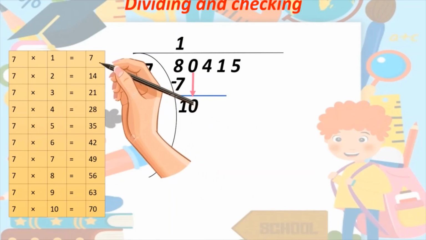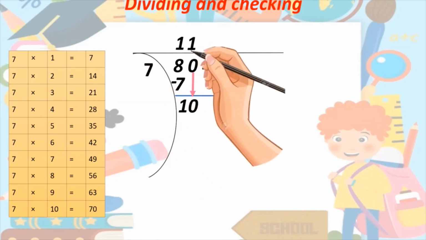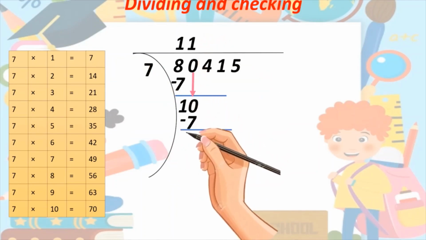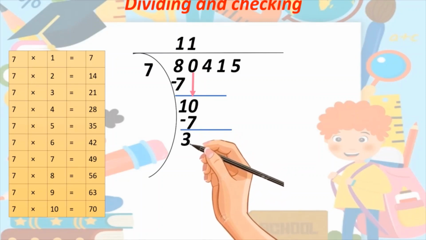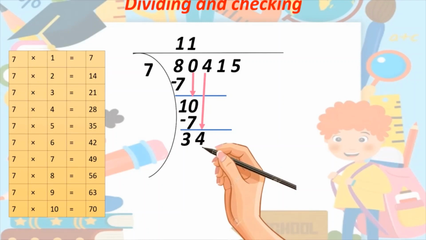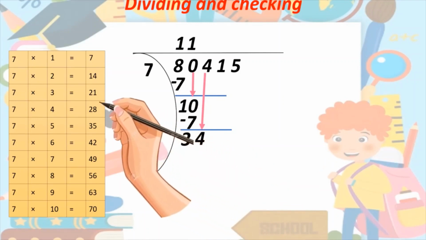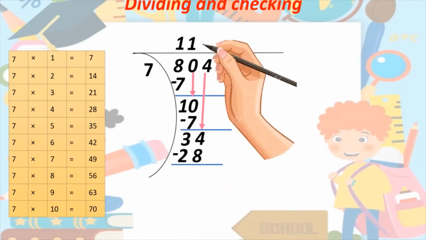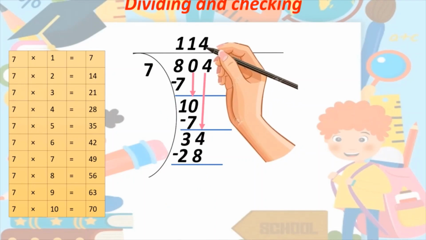So 7 ones are 7. The remainder is 3. Let us bring down the next digit, which is 4, and we write it as 34. Look into the table of 7 again. We have 7 fours are 28. The remainder is 6.